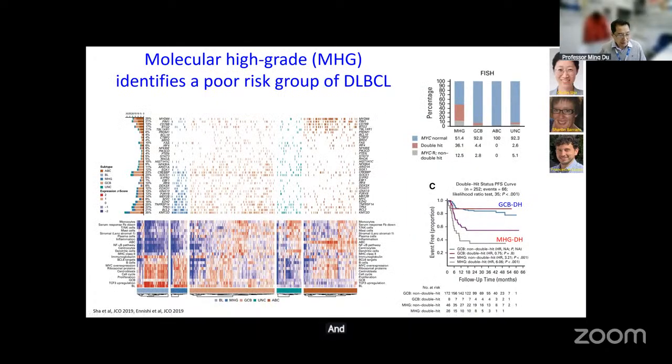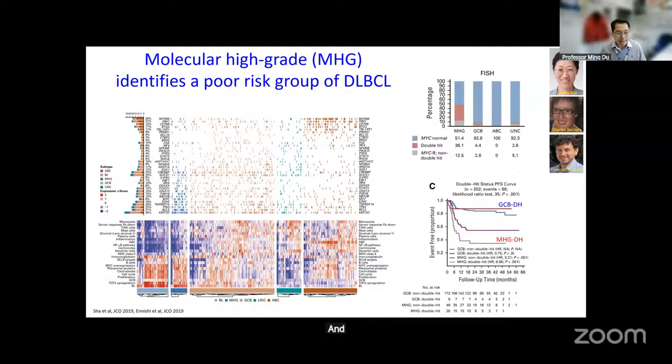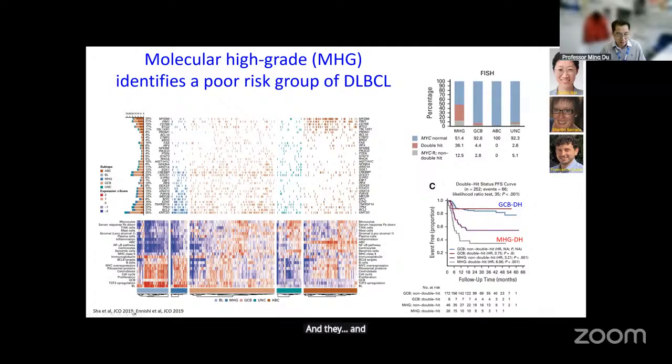In our PMAL consortium, Precision Medicine on Aggressive Lymphoma in the UK, my colleagues in Leeds used the Burkitt's lymphoma signature to interrogate diffuse large B-cell lymphoma. They identified a subset showing a very similar expression signature to Burkitt's, and they call this subset molecular high grade.